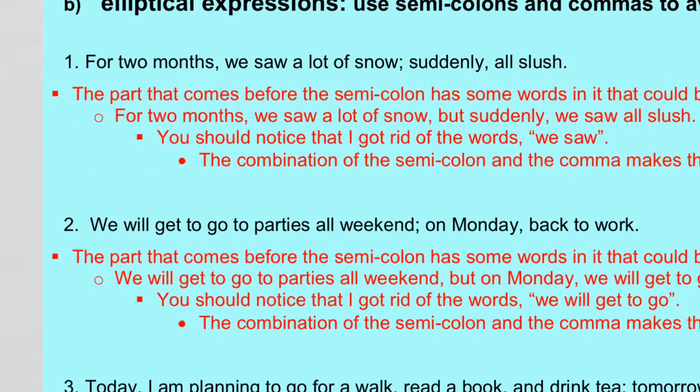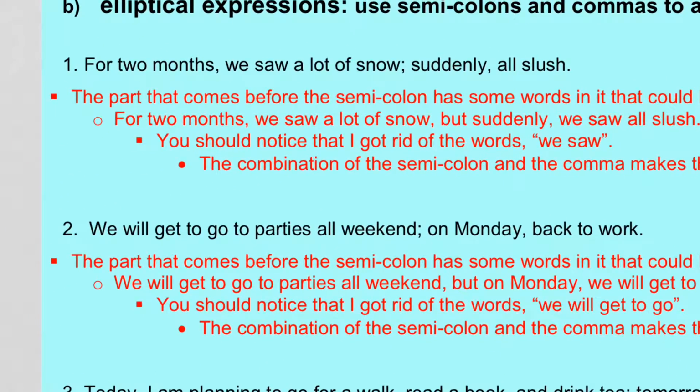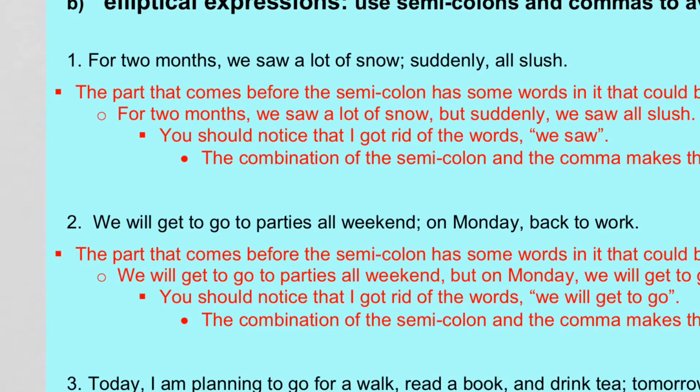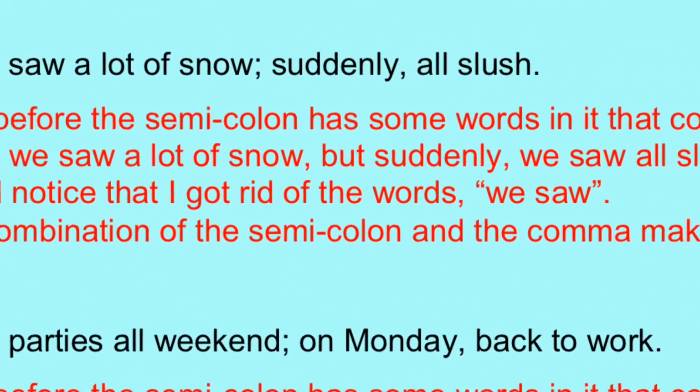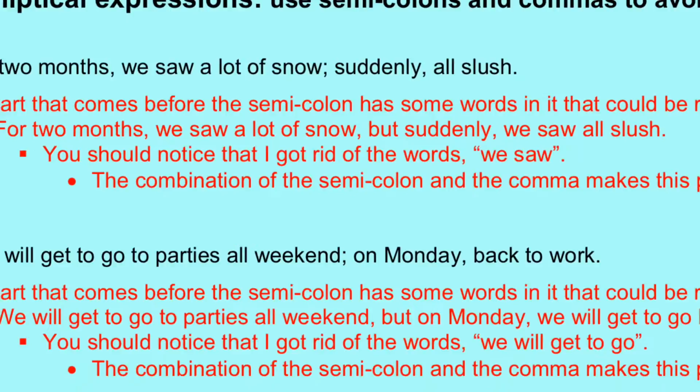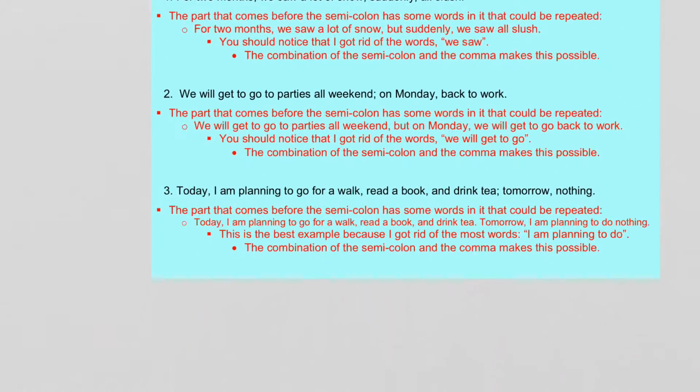But just remember that we need to have this combination of a few words said and then a semicolon, and then we say something else. We sort of start what we're saying, and then we put a comma where the words would be, right? Where the words, in this case, we saw, would be.